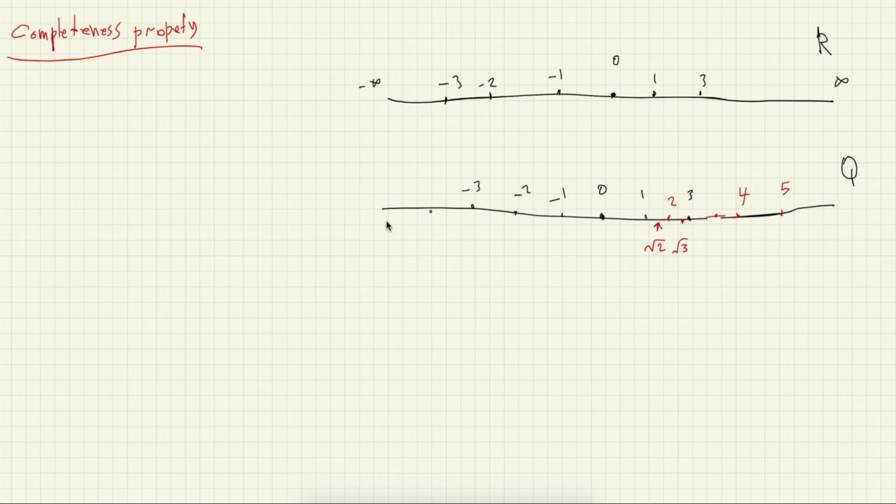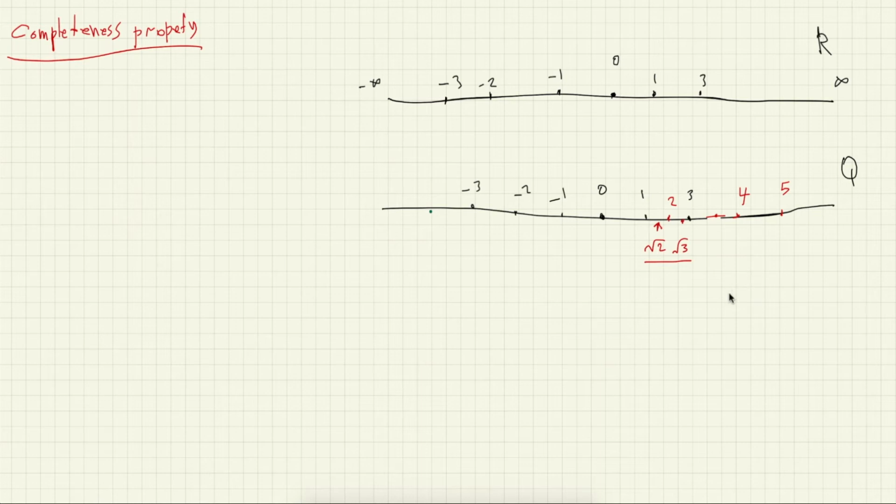So we have a distribution of numbers, which are the irrational numbers, which are located in R, okay? And they are not located in Q. So Q has gaps. These gaps are made from the irrational numbers.